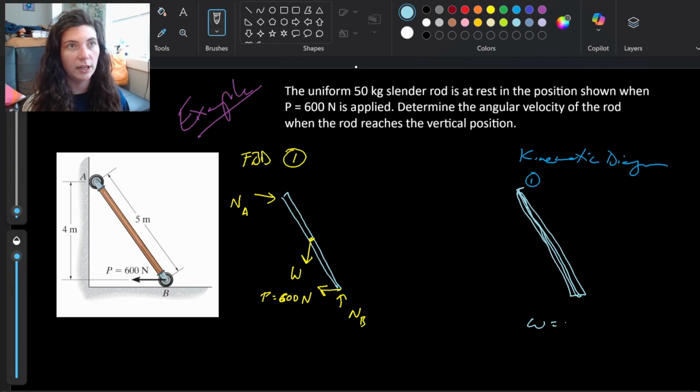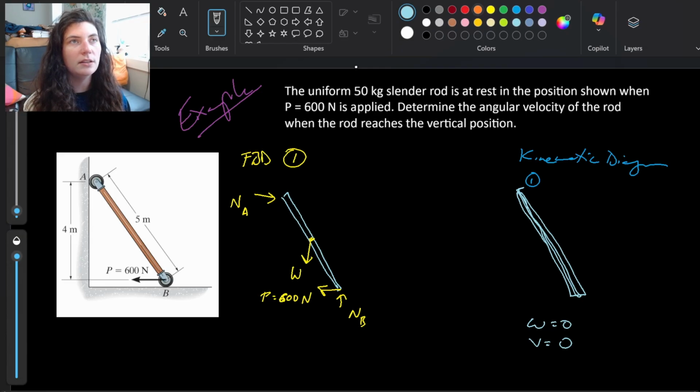We know initial angular velocity is going to be 0. The velocity is 0. There's no displacement, though we do have an initial angle that we're at. We can determine that if we want to, but it hasn't gone through any displacement yet. So no movement, just sitting at rest. Omega 0, v is 0.